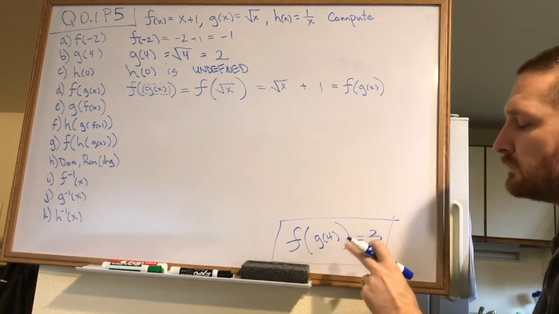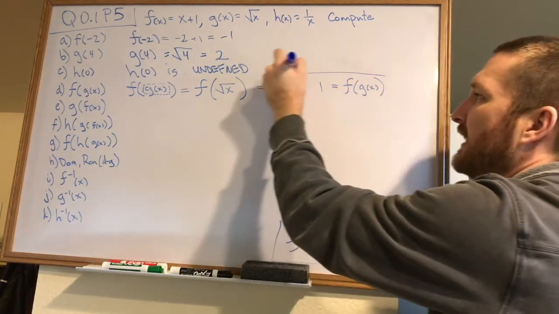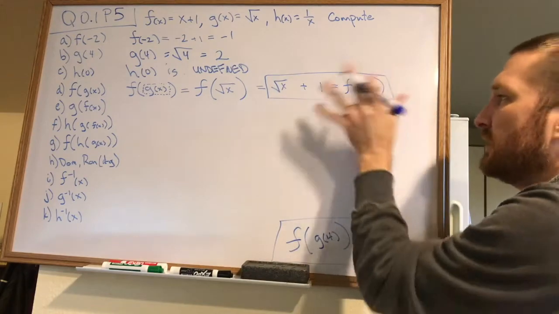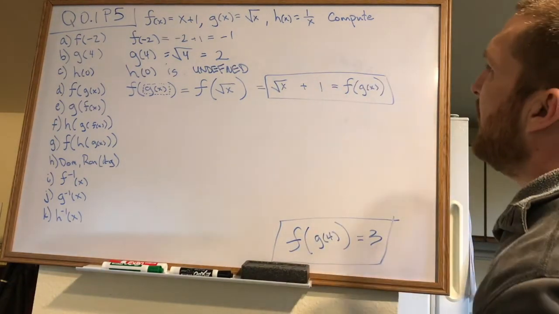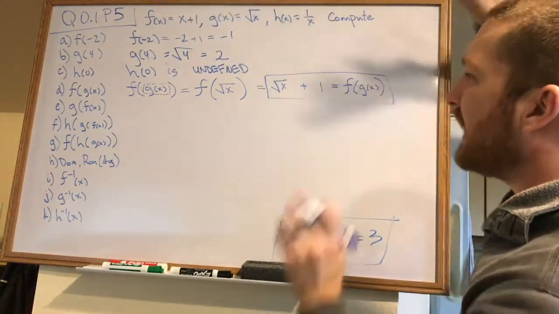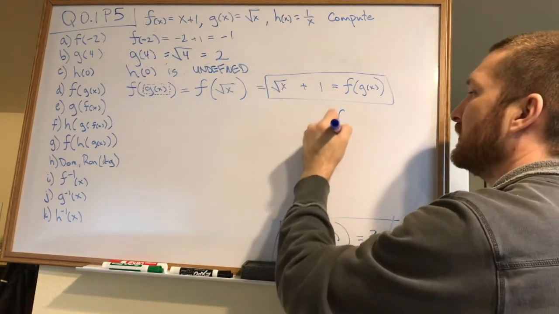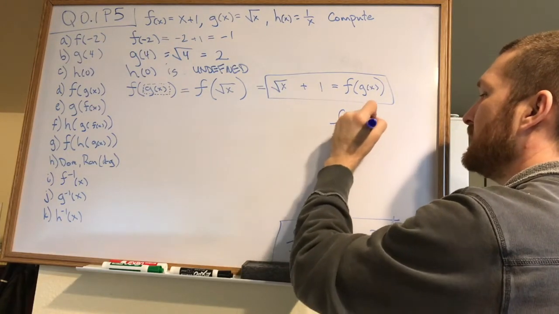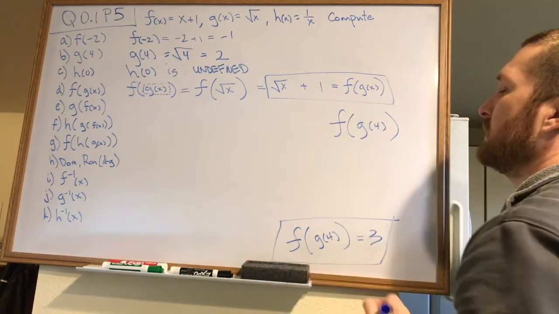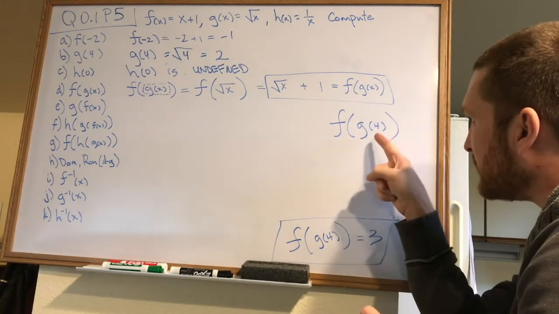Now, let's see what happens when I plug in a 4, right? If I had just given you this, like we never saw any of this at all, if I just told you that this equals that, and I said calculate f of g of 4, you would say, okay, wherever I see an x, I replace it with a 4.